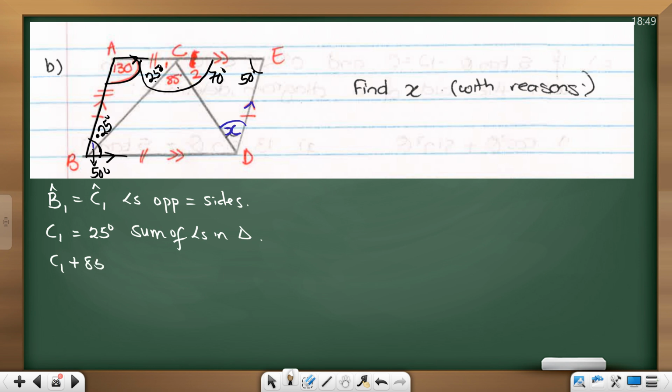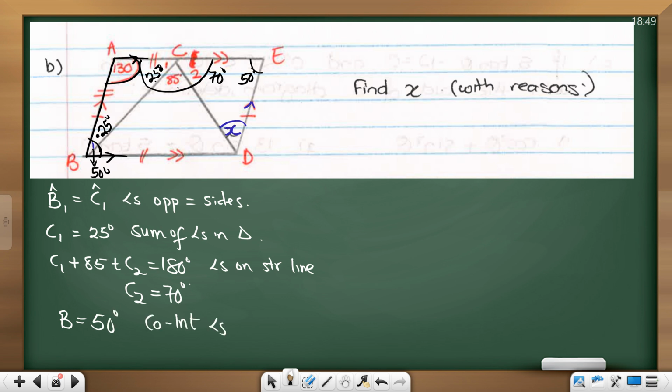C1 plus 85 plus. The next thing was to get our E, but we couldn't get E without getting the whole of angle what? Parallel to, or is what? 50 degrees.